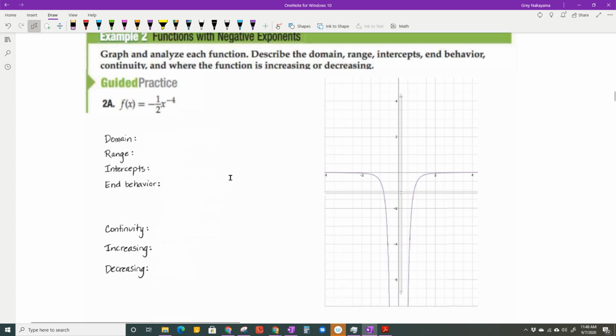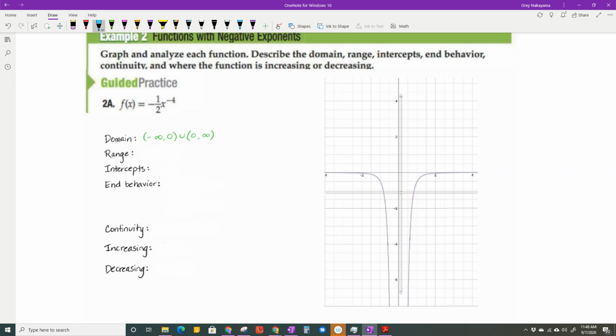So we end up having a variable in our denominator, which we've talked about causes part of our domain to be not acceptable. Restrictions on our domain. So my domain is restricted and x can never be equal to 0. We write that as negative infinity to 0, union 0 to infinity.